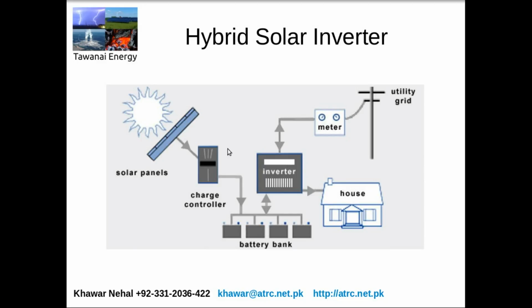This is what it looks like, where you've got a charge controller, you've got a battery bank, you've got an inverter, and you've got the meter. Here you've got the solar panels, and the charge controller charging the batteries. This is your hybrid inverter, and the hybrid inverter can use some extra from the utility if it's available instead of the generator.